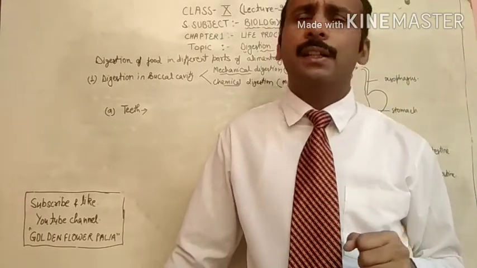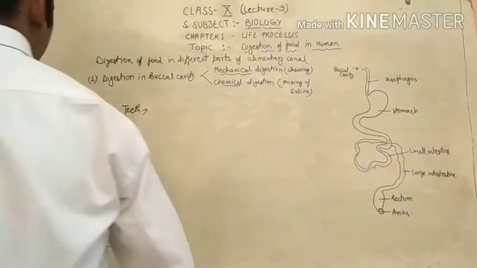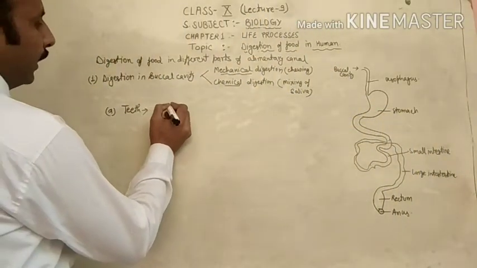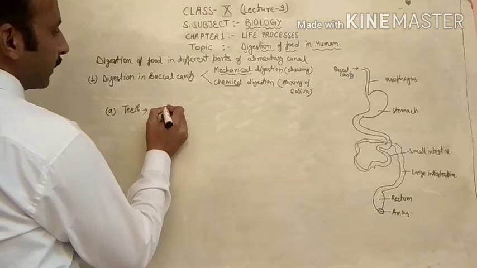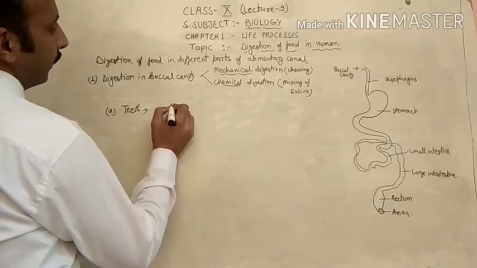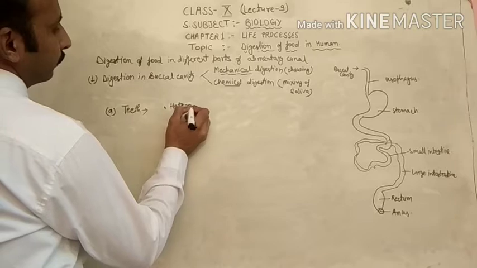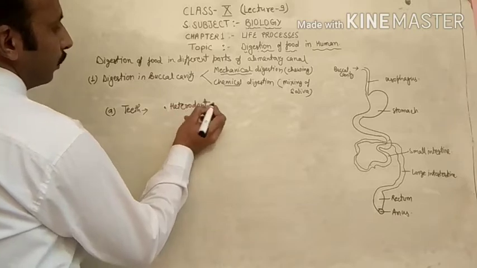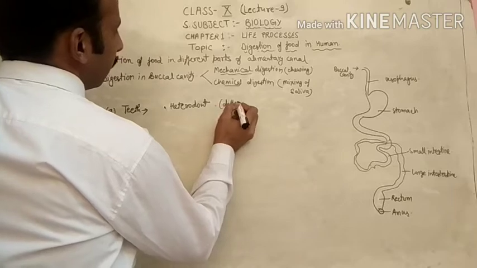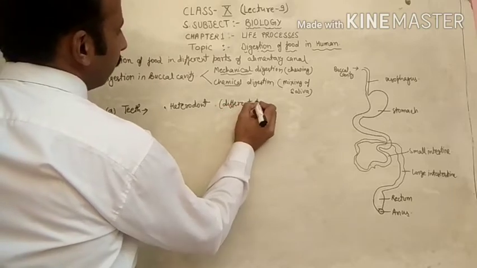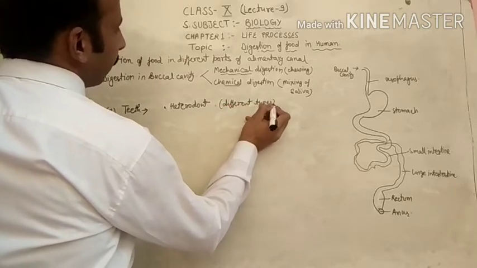Now the teeth of human beings have the following characteristics. First one is heterodont. Heterodont means different types. The human teeth are of different types.